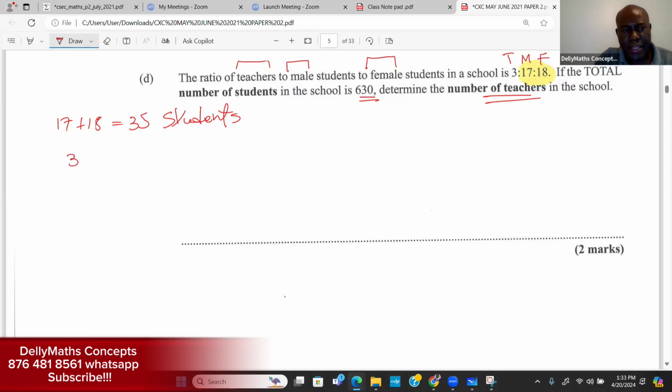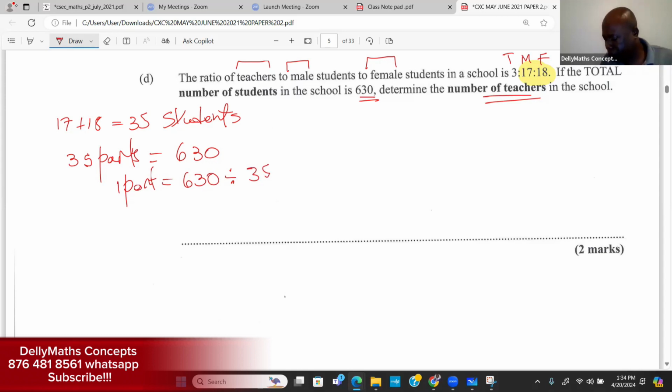Because we are saying that 35 parts is linked to 630 persons. So if we should divide this by 35, we're going to get 1 part. That's about 18.